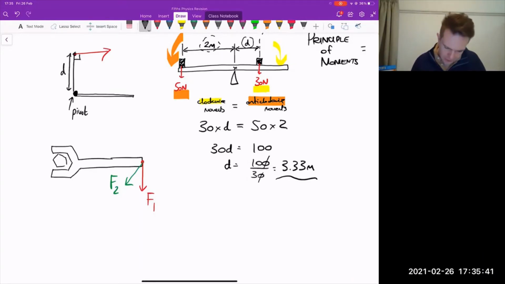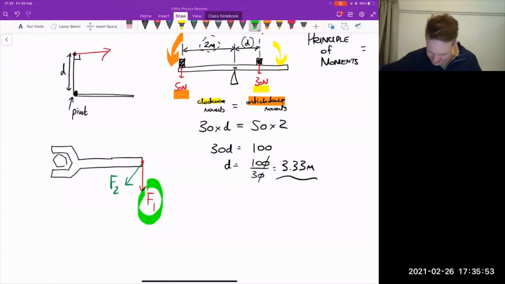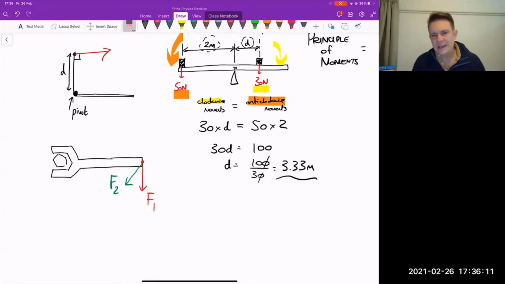Just intuitively, most people would say F1, because you know that pushing vertically downwards would give you the most torque to undo the bolt, whereas pushing in towards the bolt is wasting force, in a manner of speaking. So F1 is better.